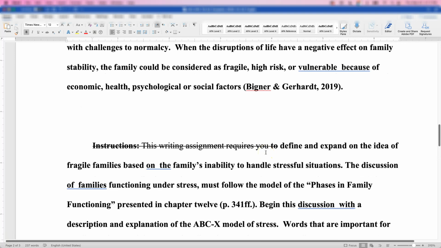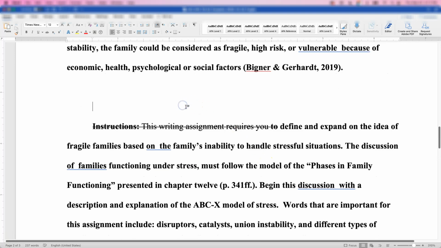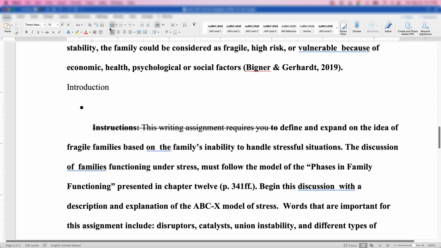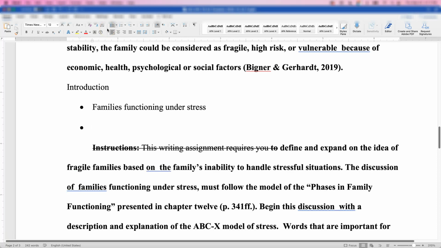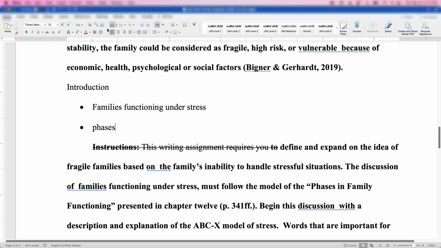All right, so if we look at this, okay, I'm going to have an introduction. And so I can set up bullets here. What am I going to mention here? Well, I'm going to have to talk about families functioning under stress. I'm going to have to mention the phases in family functioning model with the citation there, which is going to be for Bigner and Gerhard.